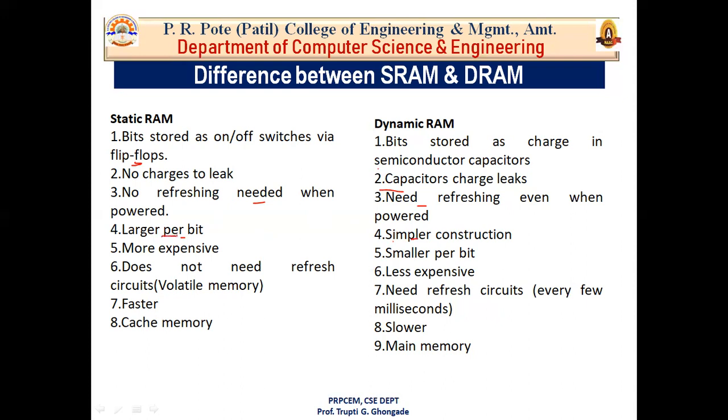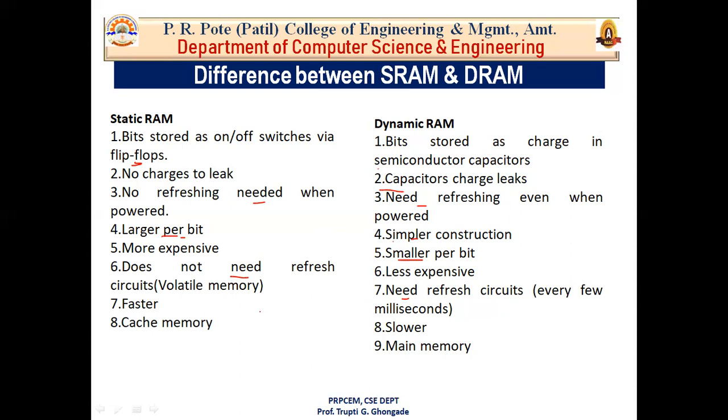Then the next difference is that the area is larger per bit in static RAM, and in dynamic RAM the area is smaller per bit. Static RAM does not need refresh circuits, and dynamic RAM needs a refresh circuit after every few milliseconds. Again, it depends on the number of transistors being used.